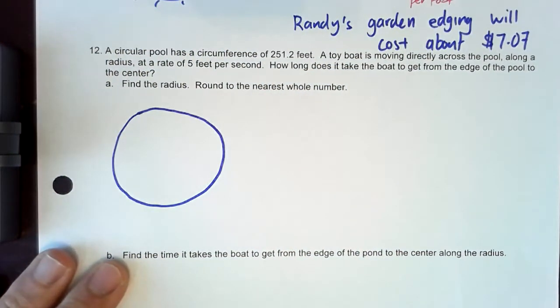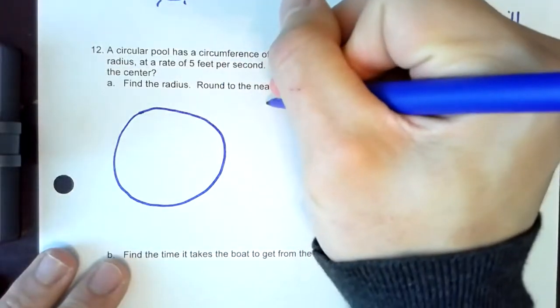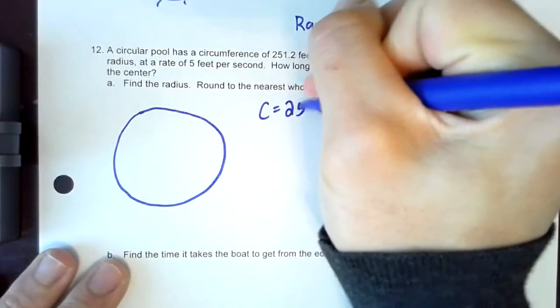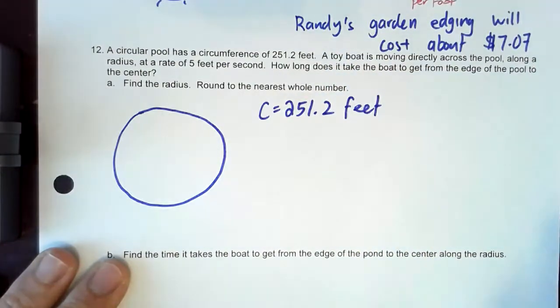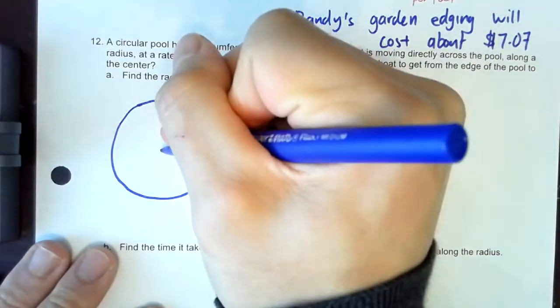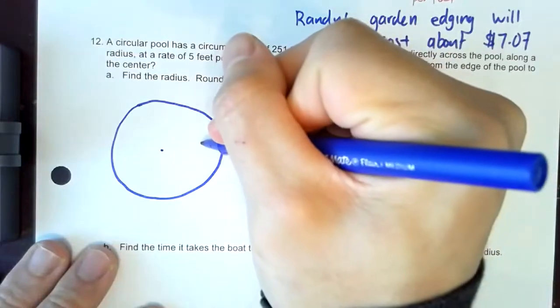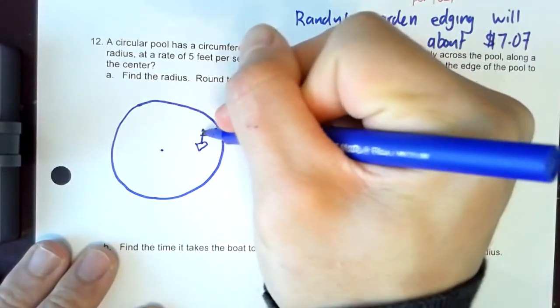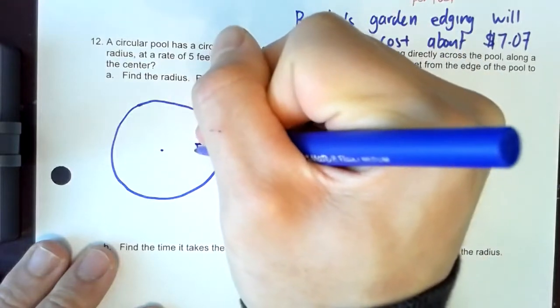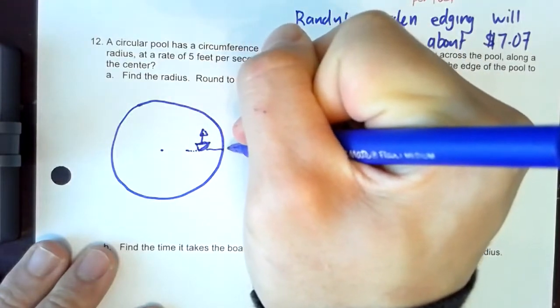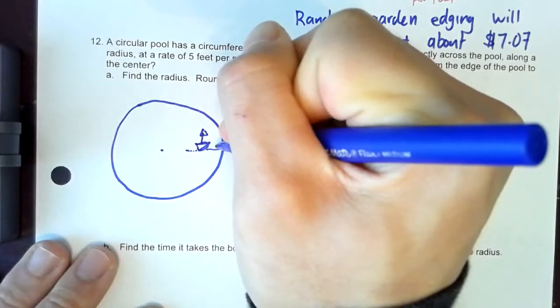So this is a pool, and the pool's circumference is 251.2 feet. And there's a boat, let's draw the boat right here. That's a toy boat. And the toy boat is trying to go from the edge. I should have probably drawn it right here, but it's moving.